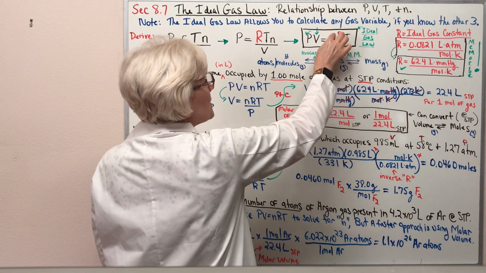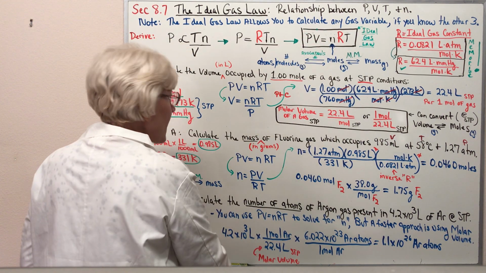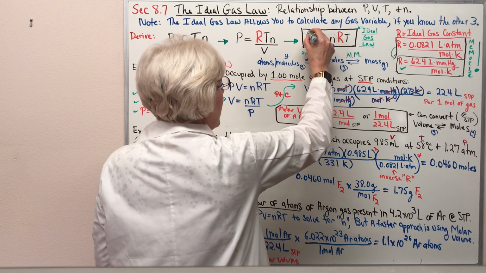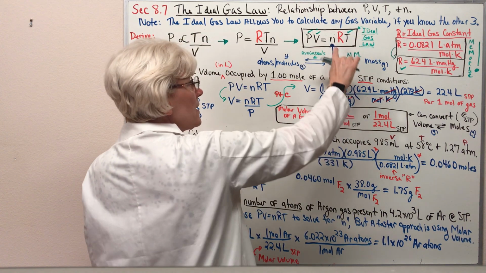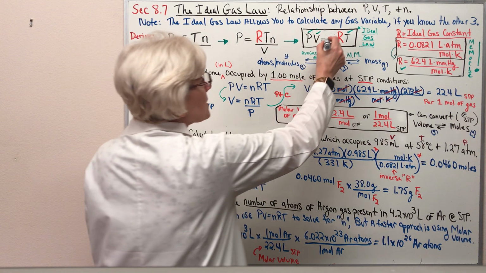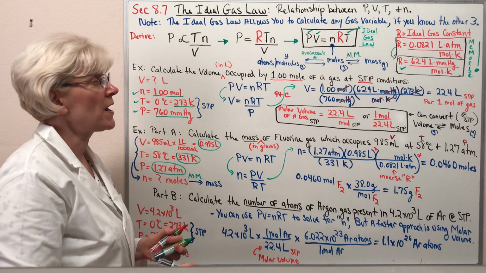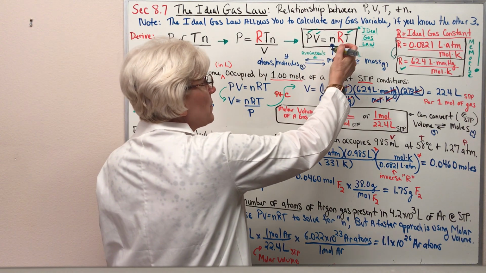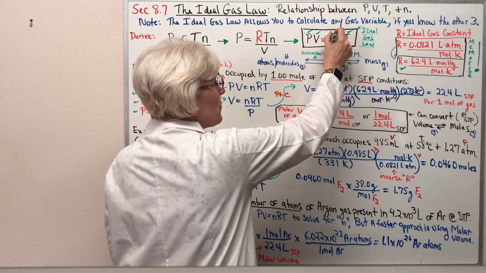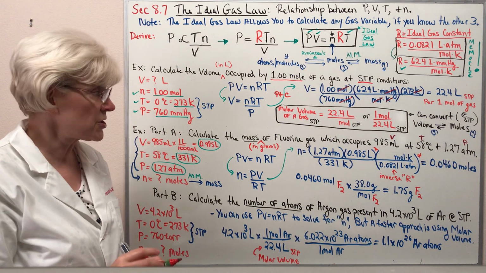According to the ideal gas law, if you have a V, a P, and a T, you should be able to solve for moles of gas. So the volume, the temperature, and the pressure are going to enable me to solve for moles, lining me up for the mole conversion.